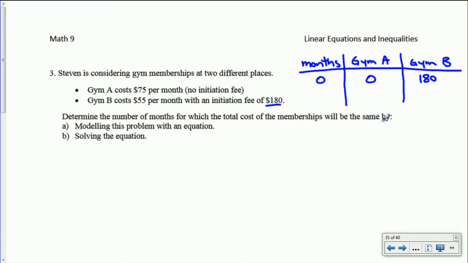Okay, let's see if we did 1 month. So now we're going to have to start paying at gym A. So that's $75, and for gym B, the $180 initiation fee got you in the door, and you're paying an additional $55. So that'll bring you to $235 at the end of the first month.